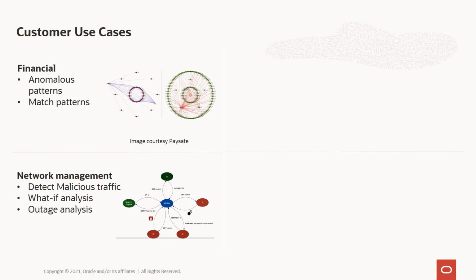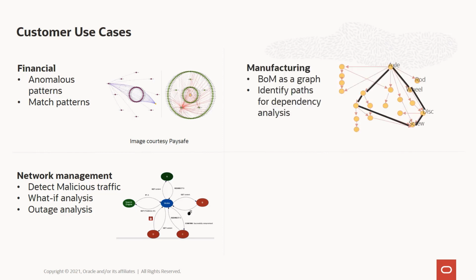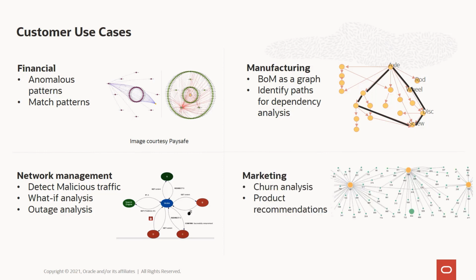So rather than looking at IP addresses and IP packets as individual entities, you can look at how the IP packets are flowing between nodes and create a graph from that and use that to detect similar patterns. In manufacturing, graphs are used to model bill of materials, so we can do what-if analysis, what happens if the design of a component changes, which are the other components that would be affected, and so on. And you can also use graphs to make product recommendations, which is what you will be doing in this lab.